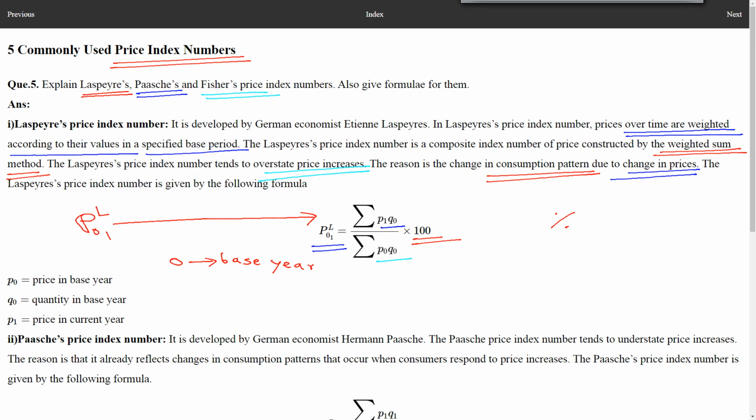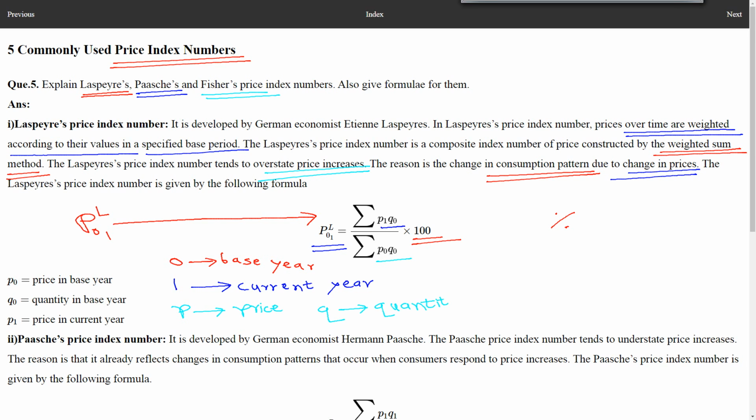The subscript 1 is used for current year. We use small letter p to denote price and we use the letter q to denote quantity. So P denotes price, Q denotes quantity.